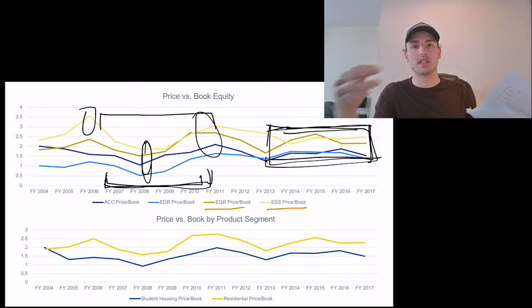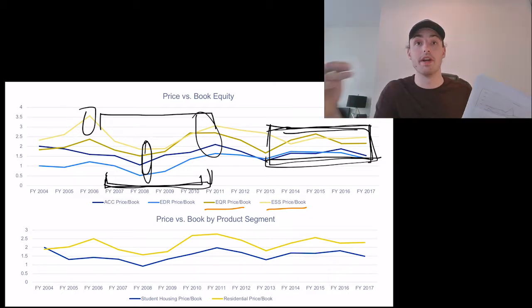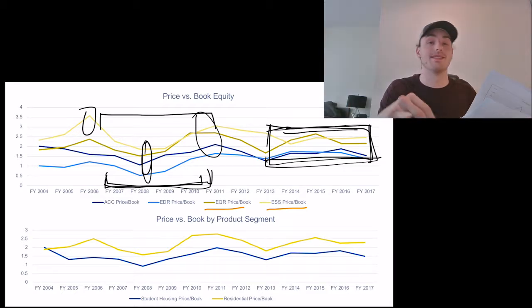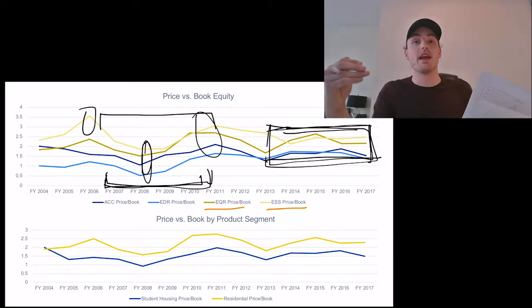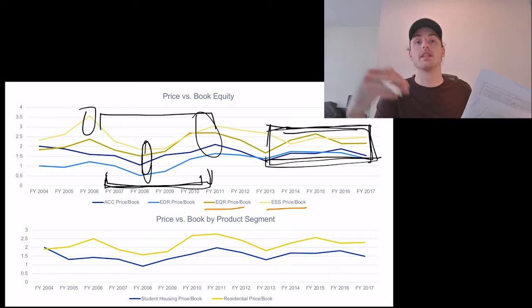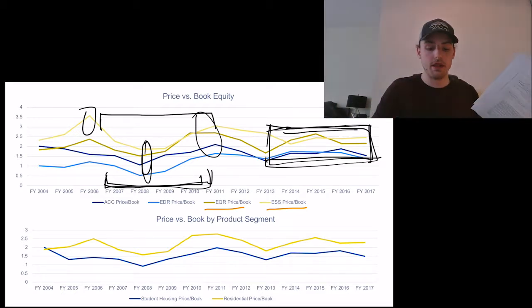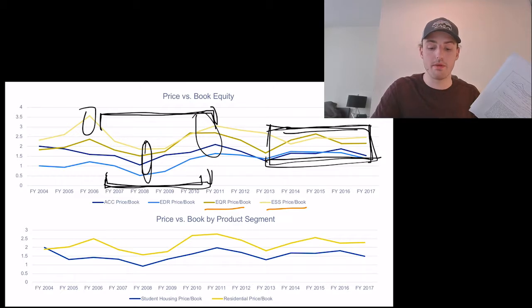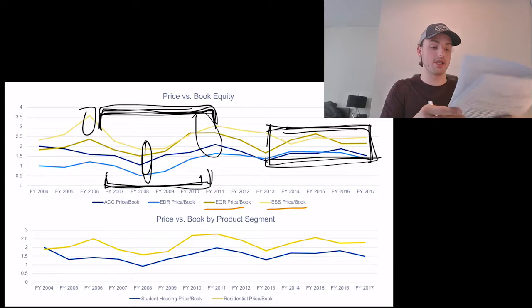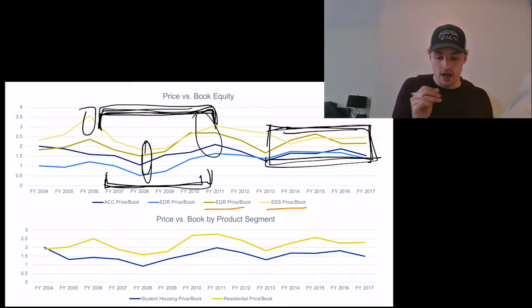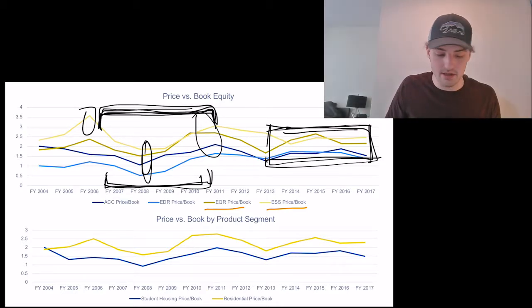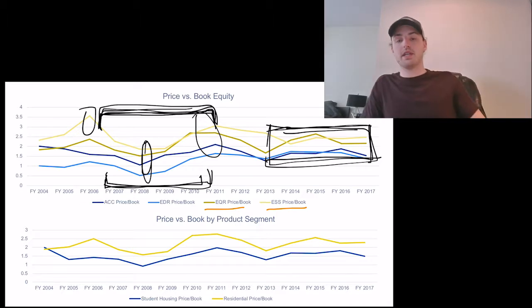And that's going to be important because that's going to guide our ability to get financing, to renegotiate financing on places, to get banks to support us with debt instruments, right? This is a good indicator for what type of timelines we're working with, of how much stress we need to undertake. And then down below I have price versus book for each product segment.